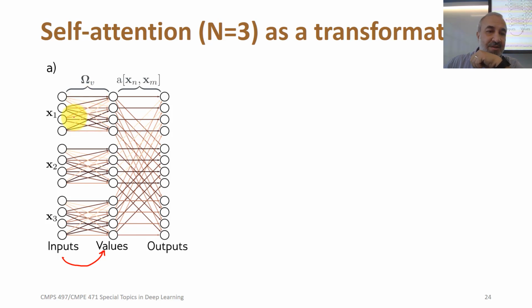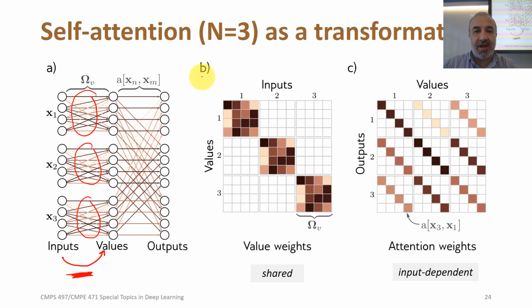You can see that this set of weights is exactly like this, which means the weights are shared among the input words, the input vectors. So if I want to represent just this part, this conversion from input to values, by a matrix, I can look at here.